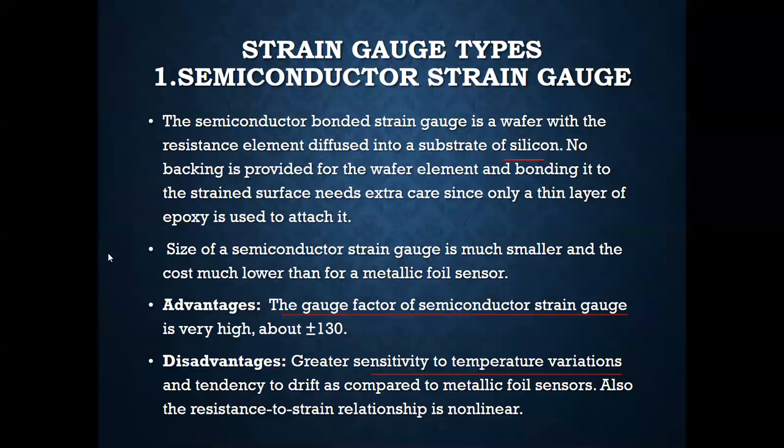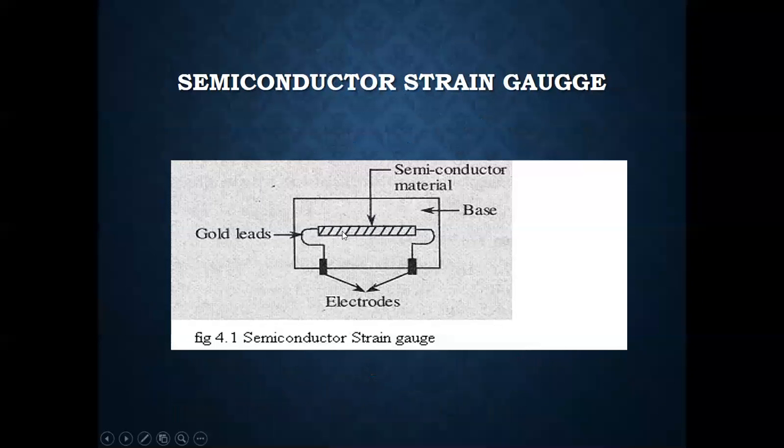In this semiconductor strain gauge, the semiconductor bonded strain gauge is a wafer with the resistance element diffused into a substrate of silicon. I will show you the picture. This is the resistance element, diffused in the base. You can see the semiconductor material, and this is the base.